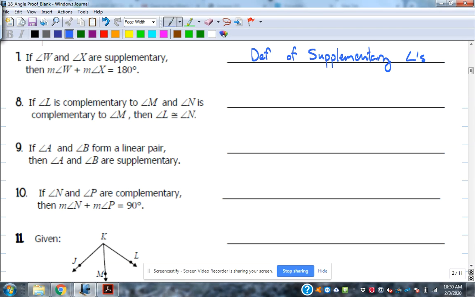Number 8, angle L is complementary to angle M, and angle N is complementary to the same angle M. Then angle L is congruent to angle N. Yeah, congruent. Complement.